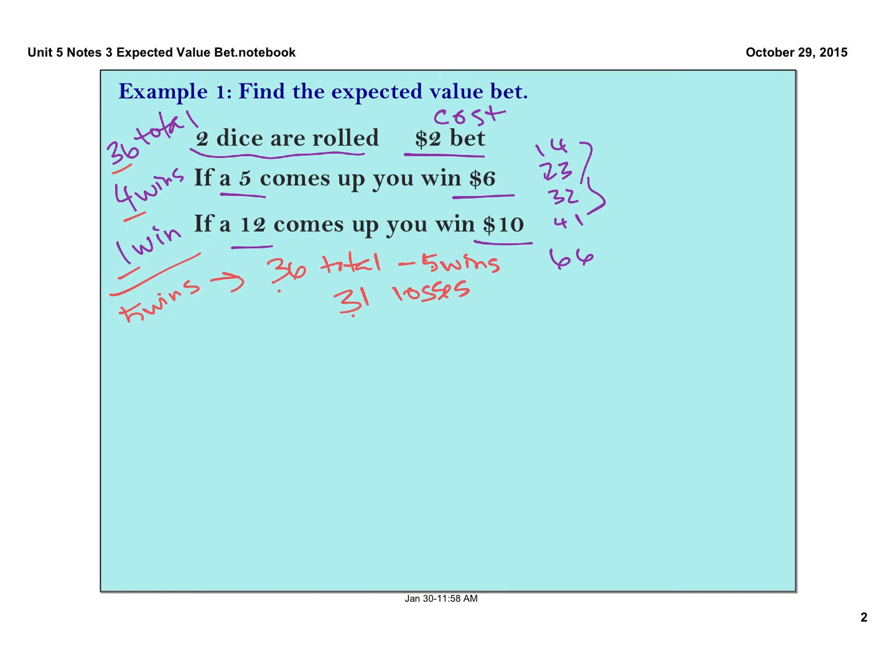To set up my expected value for betting, I'm looking at the amount that you win, $6, times the probability that you win that certain bet, so times 4 out of 36. Then to that, I'm adding the other win. The payout is $10 times the probability that you win, 1 win out of 36.